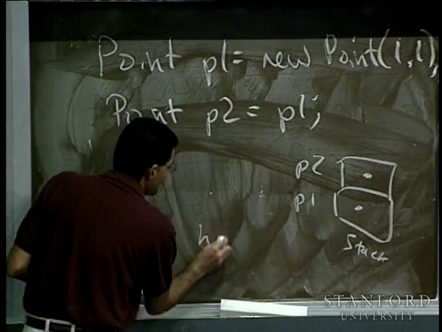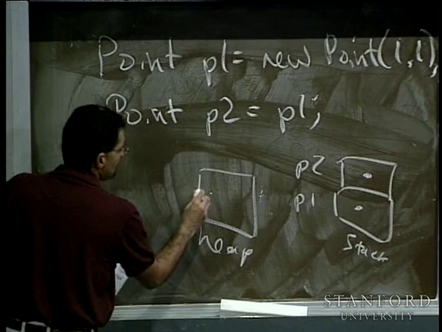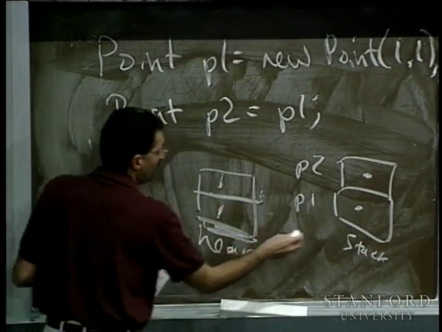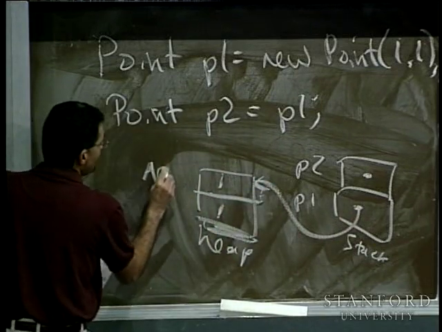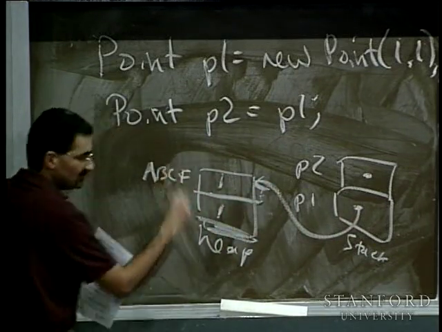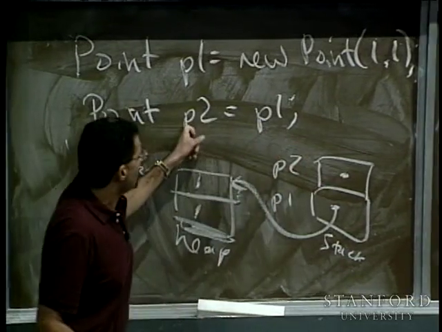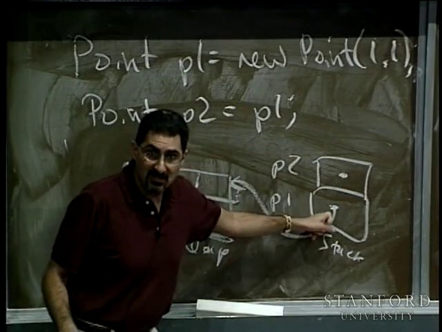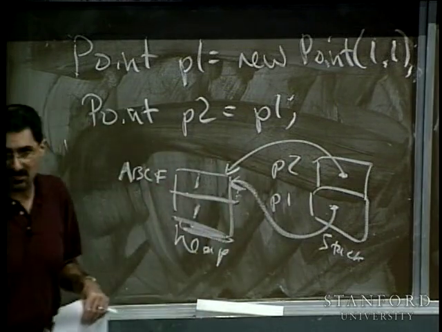Here's the heap over here. When I create P1, I create some space that stores a 1 and a 1, with some overhead that I don't care about, and P1 points over to here. Let's say this is at memory location ABCF. When I set P2 equal to P1, it just gets the same value as P1, ABCF, which means it's pointing to the same location.